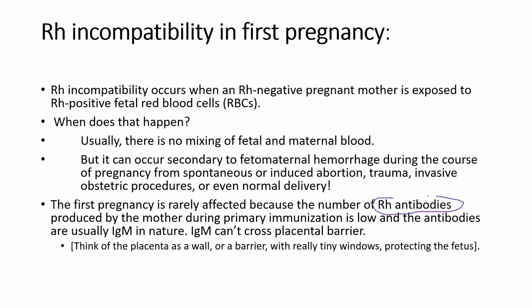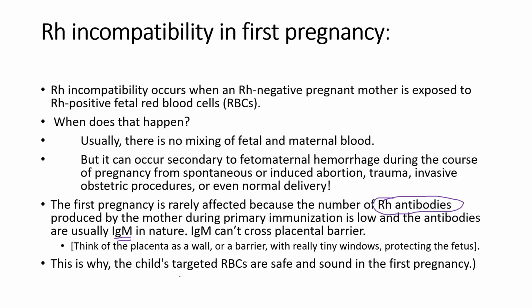Now, this isn't a problem for the first baby because the baby just was born. They're not going to ever see those Rh antibodies that mom is now making because they're already living their own life. However, with the second baby, these Rh antibodies have the ability to cross the placenta.